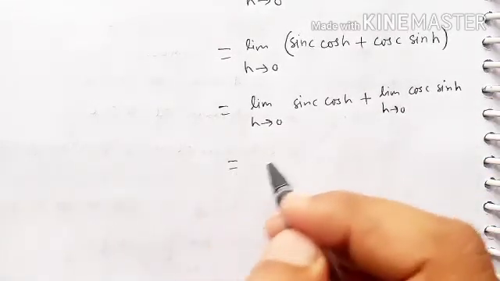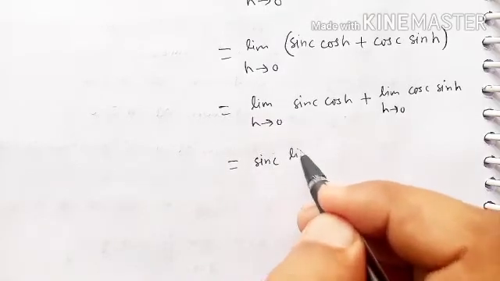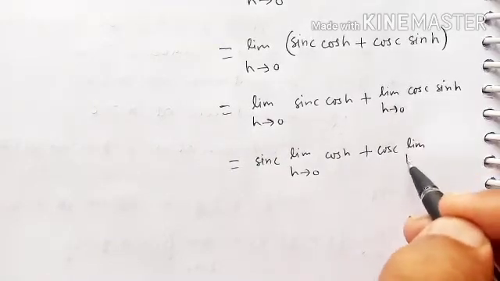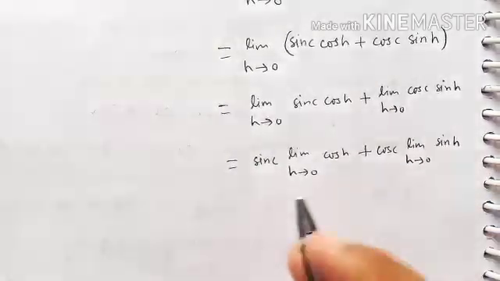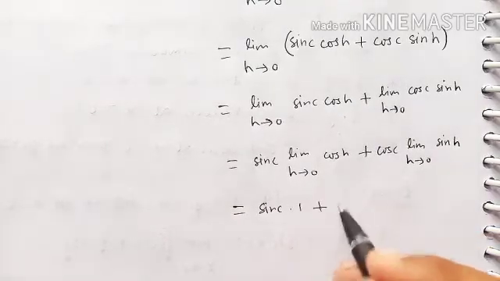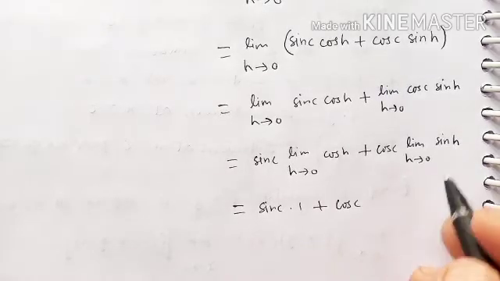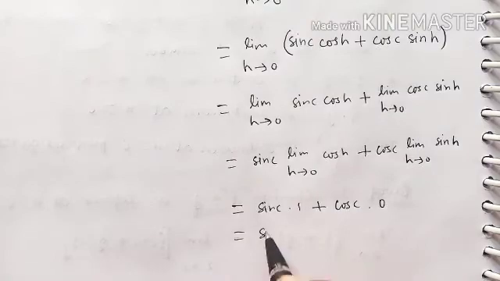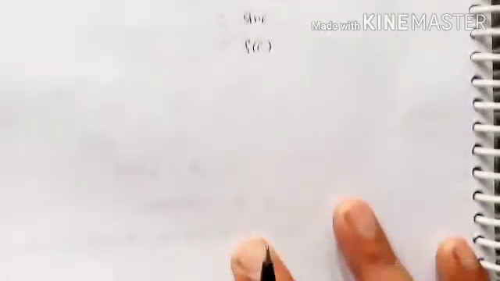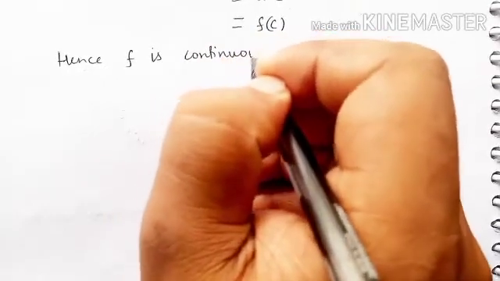Then we have sin c times limit h tends to 0 of cos h, plus cos c times limit h tends to 0 of sin h. This is sin c, and this one is 1, plus cos c, and limit h tends to 0 of sin h is 0. So we have sin c. This is our f(c). Hence, f is continuous everywhere.